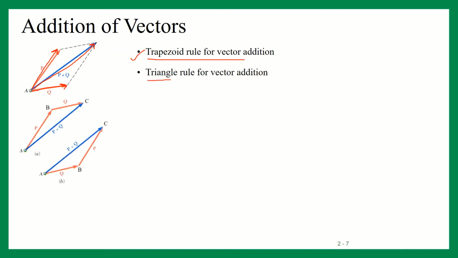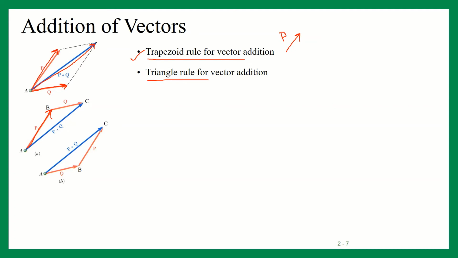Then another rule is the triangle rule for vector addition. So in the triangle rule, suppose this is the first vector P, then you will put the bottom of the other vector at the tip of this. I will draw here. Suppose this is the first vector P. Then you will start from the tip of this.